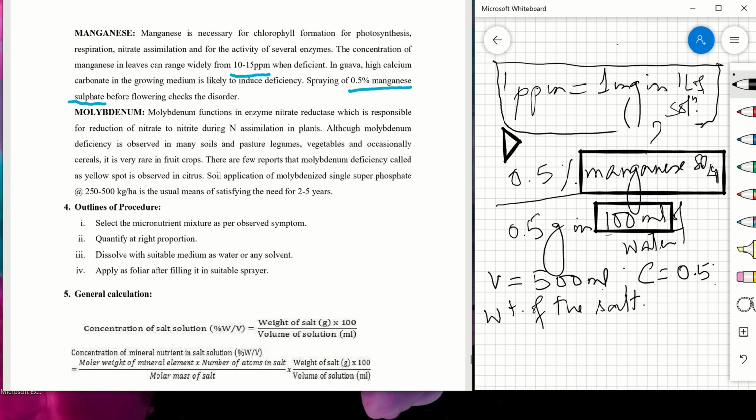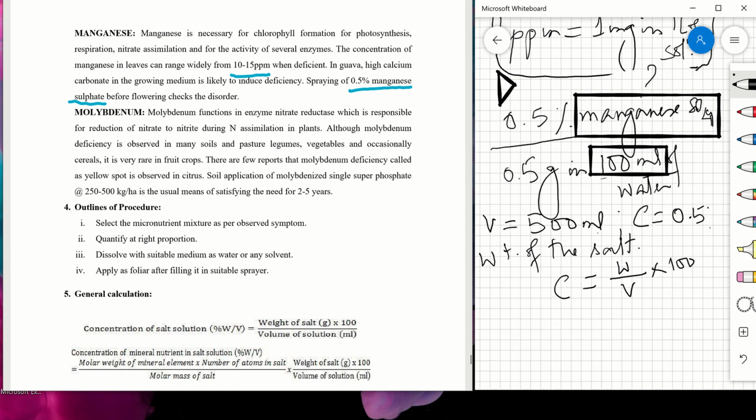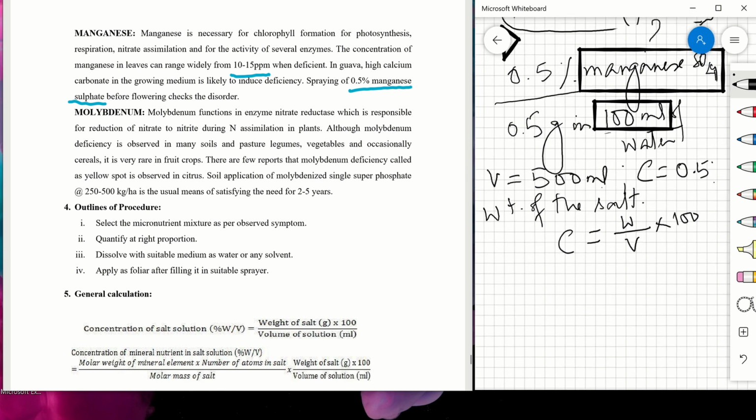In this case, you can use the formula concentration equals weight by volume times 100, because this is in percentage, that's why we multiply by 100. Now the concentration we require is 0.5, the weight we don't know, and the volume we have to prepare is 500, times 100.